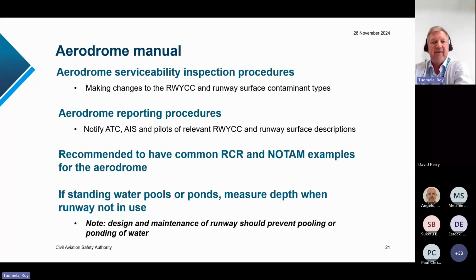Now, in the very next slide, in fact, the aerodrome manual needs to include procedures for conducting GRF serviceability inspections and reports. And we recommend, as I've said a couple of times, that you have common RCR and NOTAM examples in your actual manual. And as I said, the draft guidance material on the CASA website does include that for your aerodrome manuals.